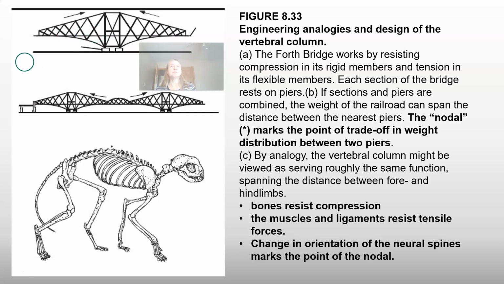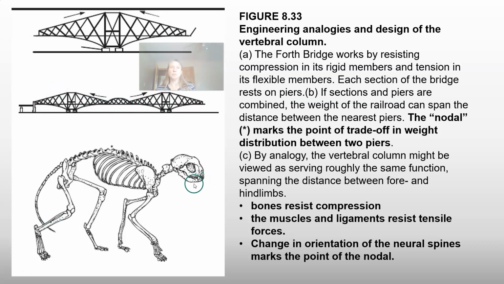So each section of the bridge is resting on these piers here. So here in this figure, we're going to move the piers apart. So the weight of the railroad here can span a distance between the nearest piers, right? So all of this. And when we think about that, we're going to have these pulling apart, or tension, and the forces are pulling this way on it.